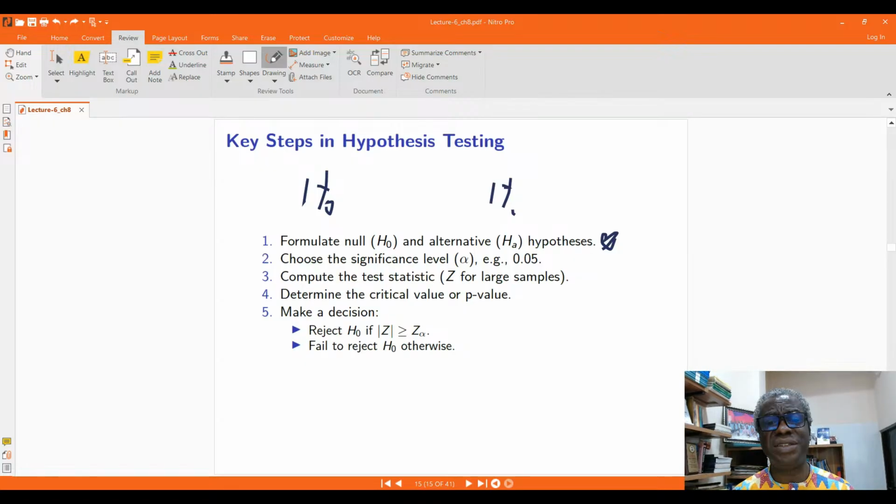Then the second step is to choose the significance level. The significance level, which is your alpha level, or your type 1 error, is the likelihood of committing type 1 error.